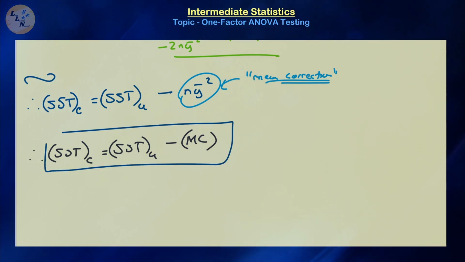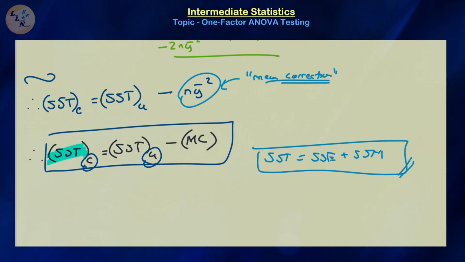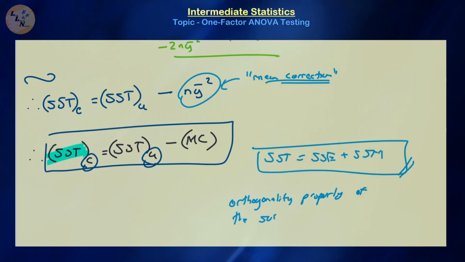So that's the difference between corrected and uncorrected total sum of squares, where we usually focus on the corrected version because we have that nice little property that SST is equal to SSE plus SSM. And sometimes we refer to this property as the orthogonality. This is the orthogonality property of the sum of squares.